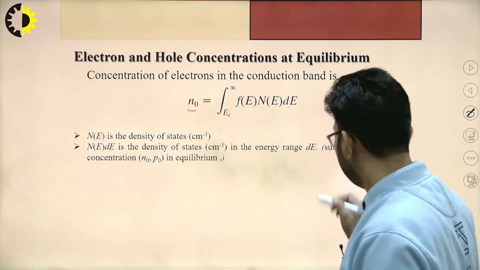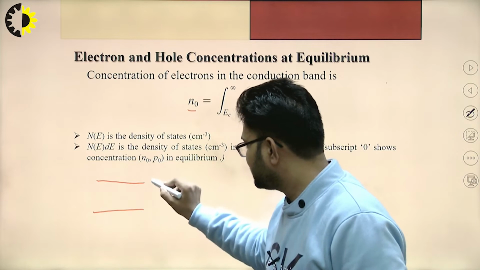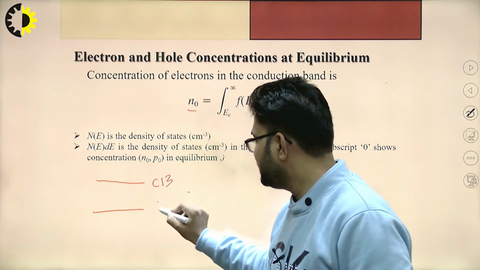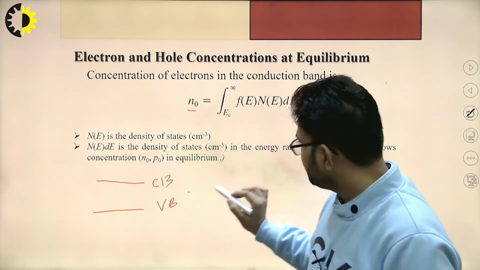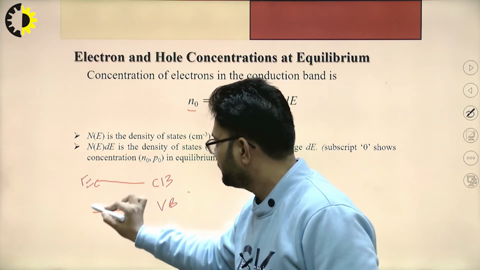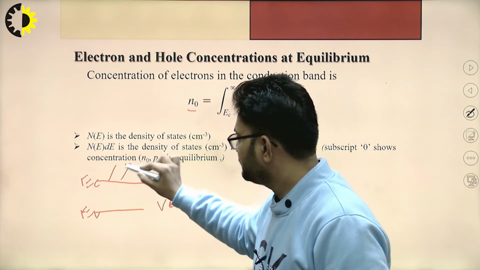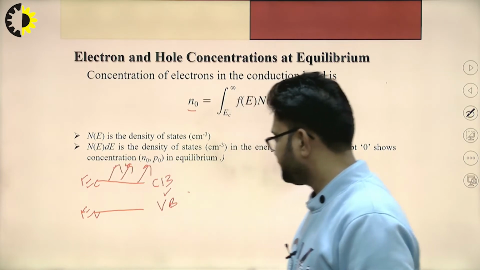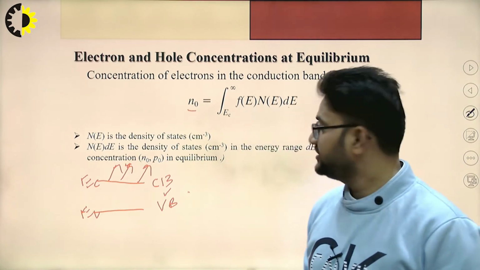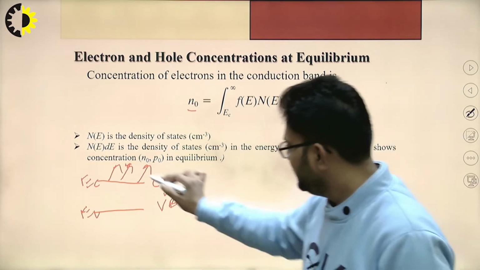If I consider this as the conduction band energy level and this as the valence band energy level, then this limit lies above this energy level, and we are computing the number of electrons, or the electron concentration, in this region.